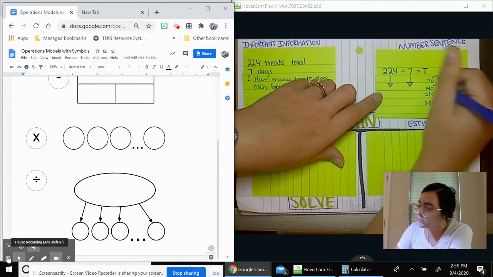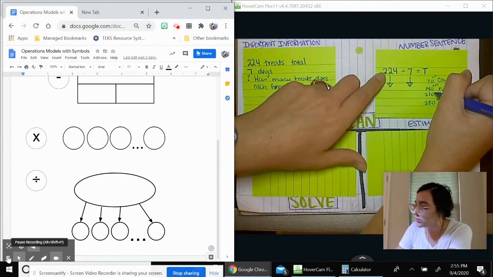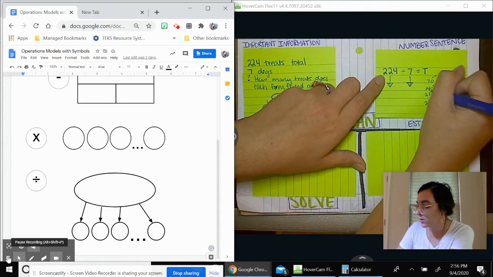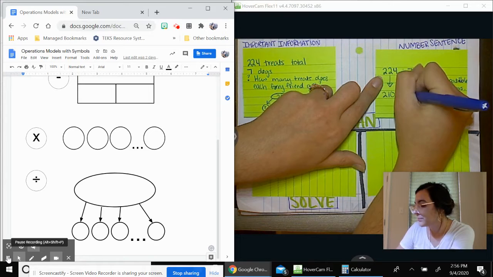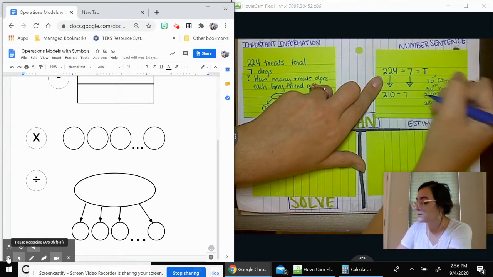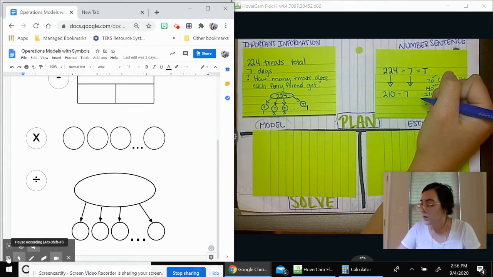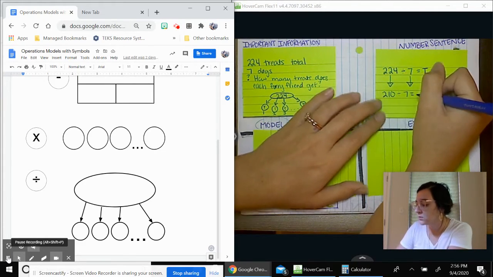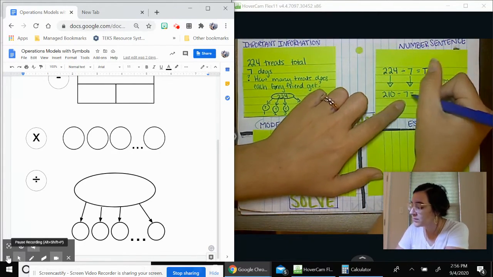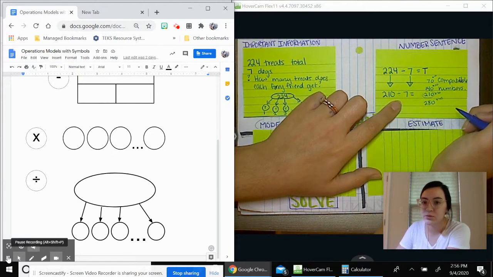So what I'm going to do, I'm going to round 224 to 210, and I'm going to keep the 7 the same. I can divide that by 7. So now this is a whole lot easier because I already know that 7 times 30 equals 210.